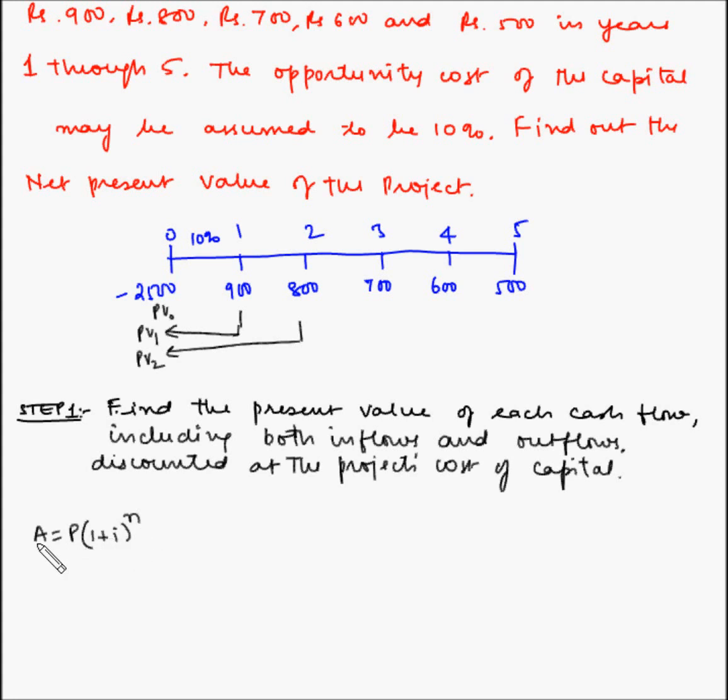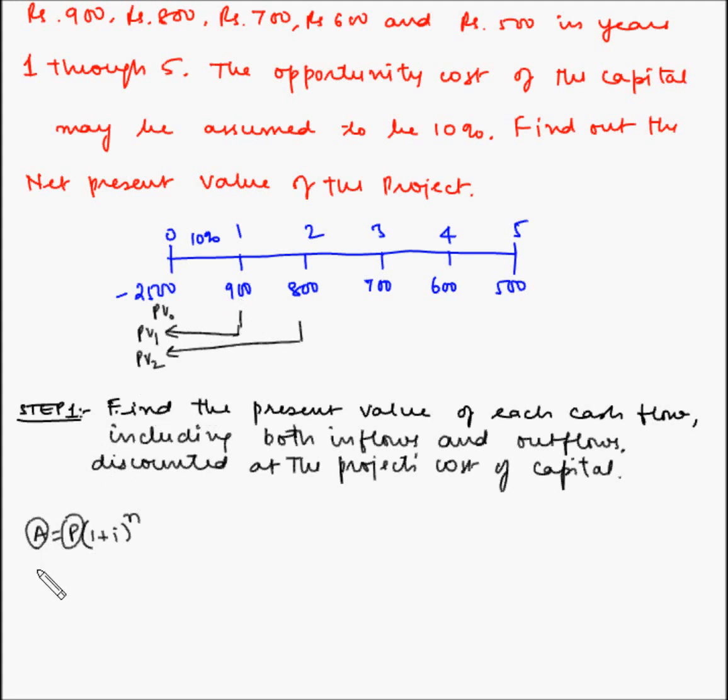Now A, as we mentioned, is the amount at the end of the tenure and P is the amount which is invested. So if we take this case, PV1 is the amount which, if you invest today, then at an interest rate I of 10% and n of 1 year, the amount received will be 900.